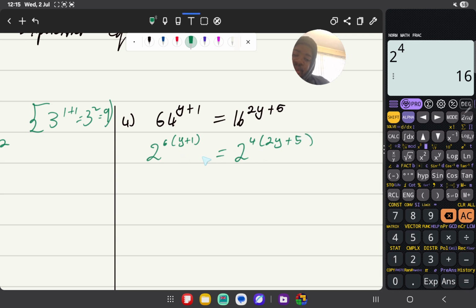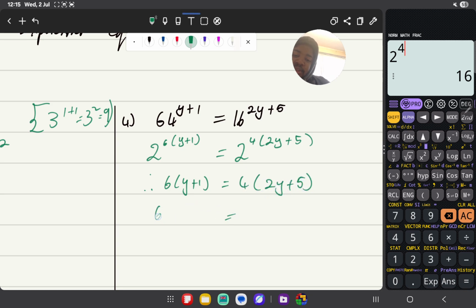And then you have these two. What do you then do? Bases are the same, the exponents must be the same. Therefore, you have 6 into y plus 1 equals 4 into 2y plus 5.